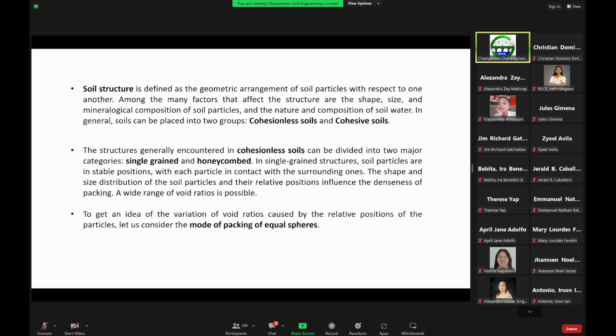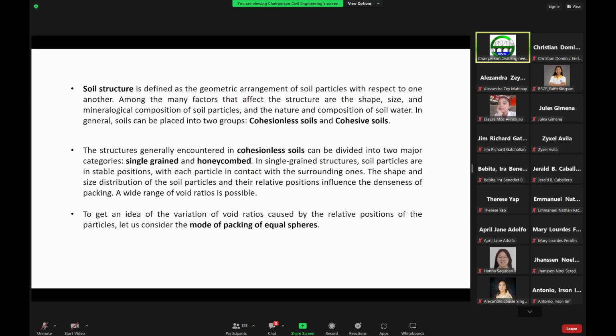That's why, for example, when we talk of relative density, which we have been discussing in the previous meetings, we can have a very loose condition, medium dense condition, and very dense condition.